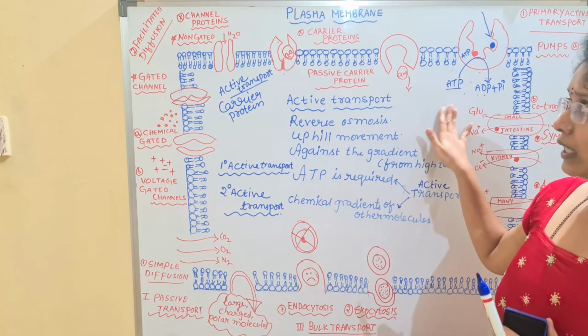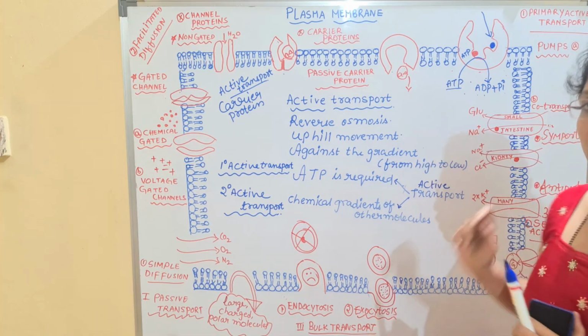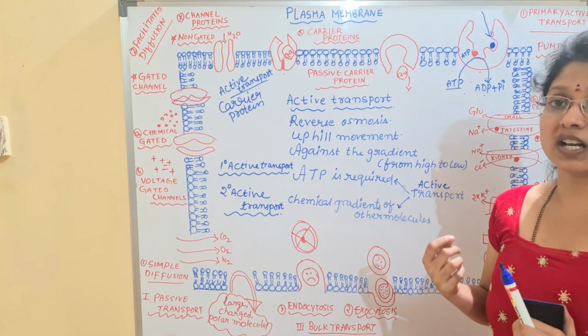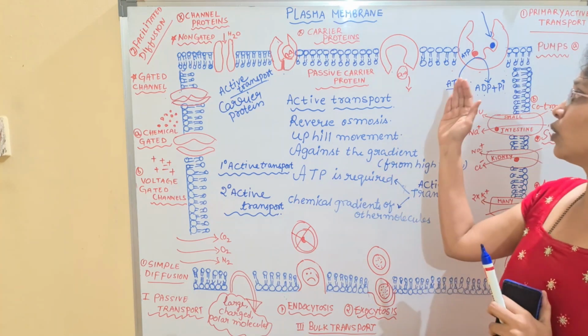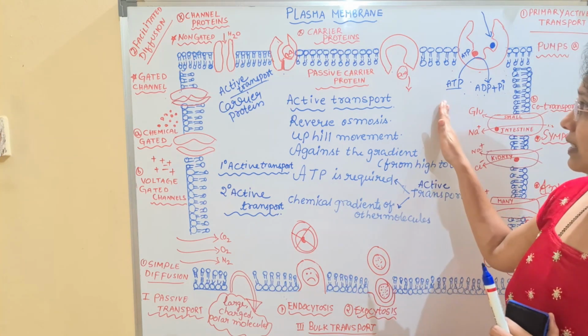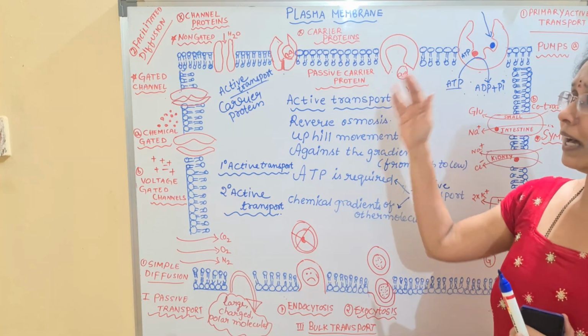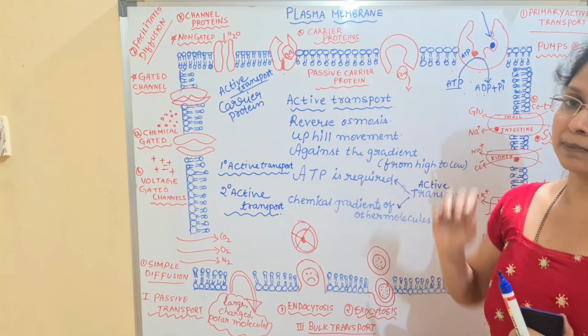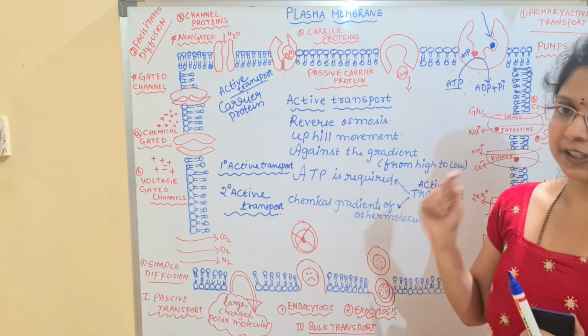So carrier proteins are present in both. All the transport systems which operate under active transport mainly have these proteins, and these proteins are called carrier proteins. The carriers are the same as the carrier proteins in passive transport, but the major difference is the site of attachment.